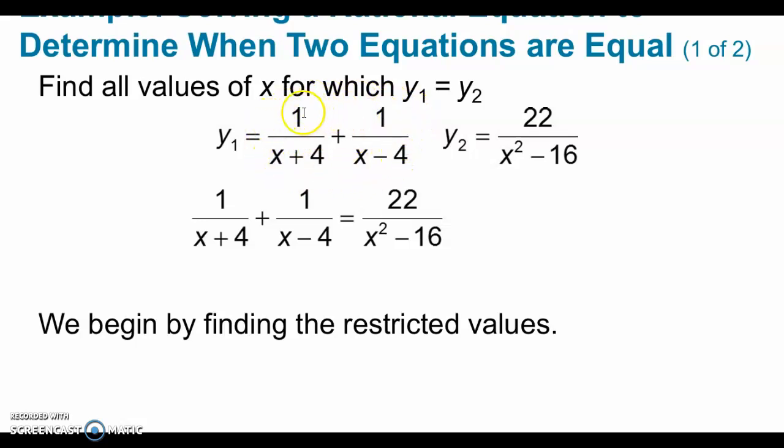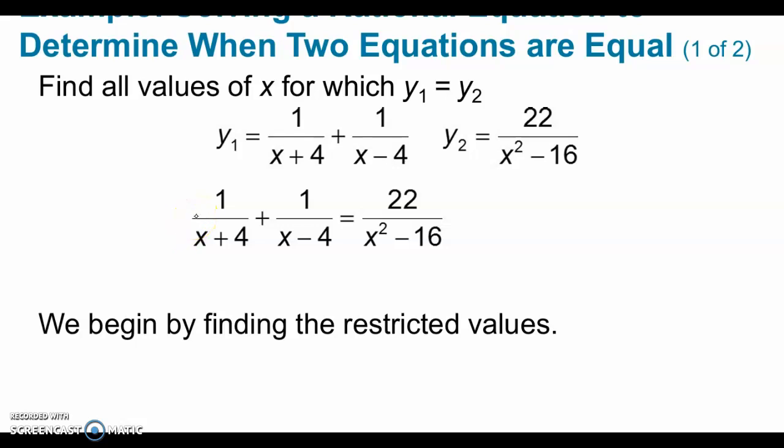Because it's saying to find all values of x for which y1 equals y2, we can substitute this in on the left side of the equation and this in for the right side. If you set them equal to each other, then you can find the value of x.